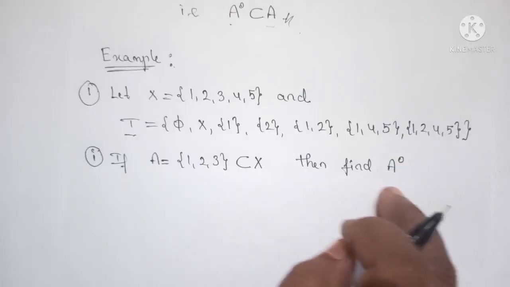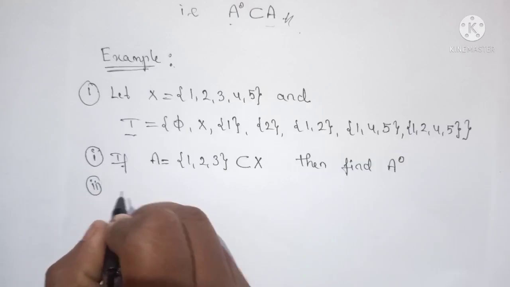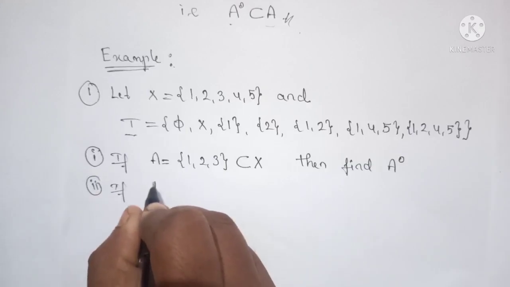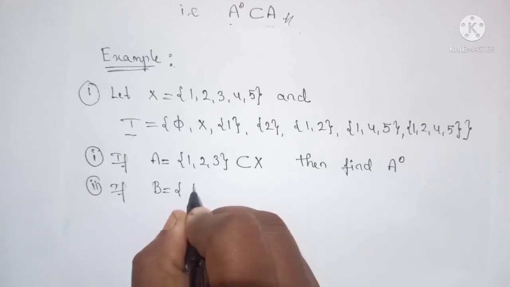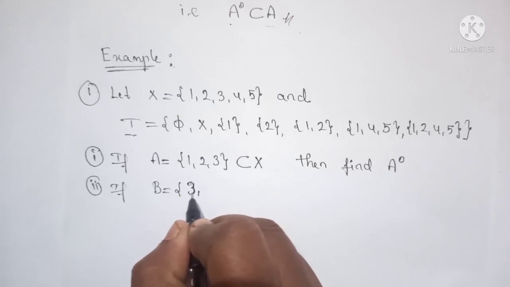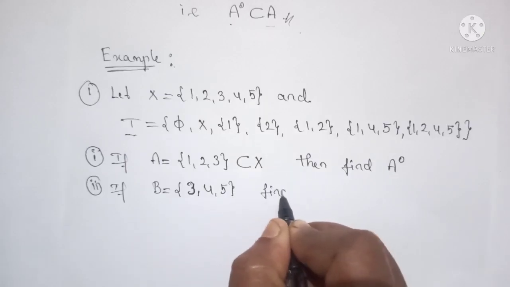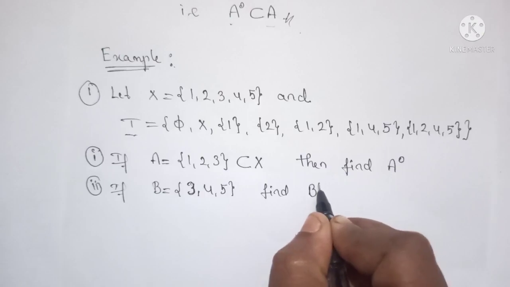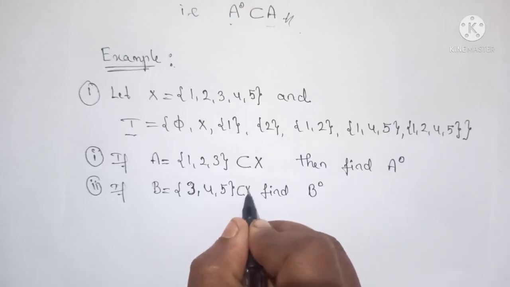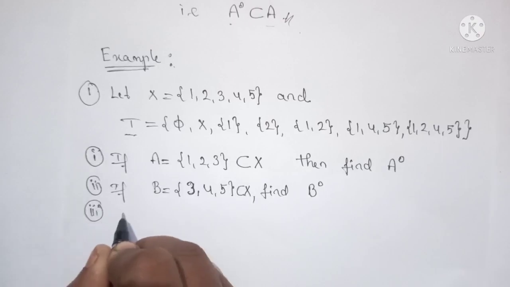So here we need to find the A interior. Similarly, one more question is given. If B is equal to {3, 4, 5}, which is a subset of X, then find B interior. Similarly, we have one more subset.